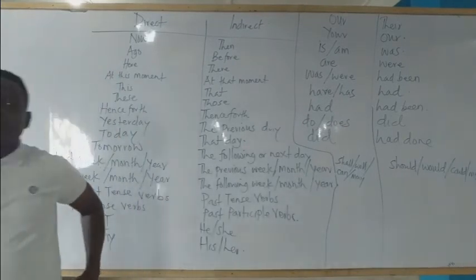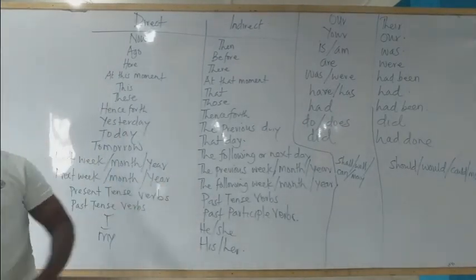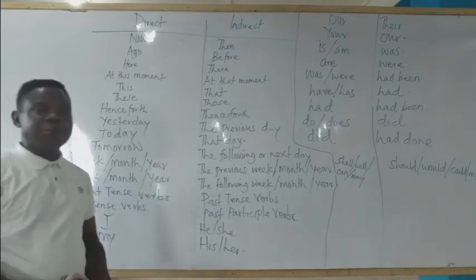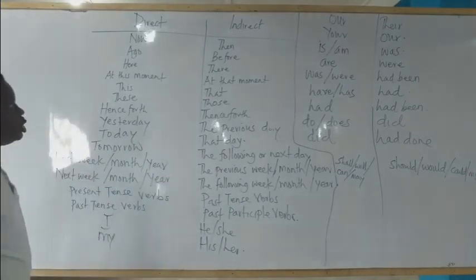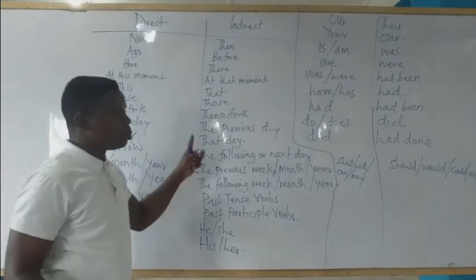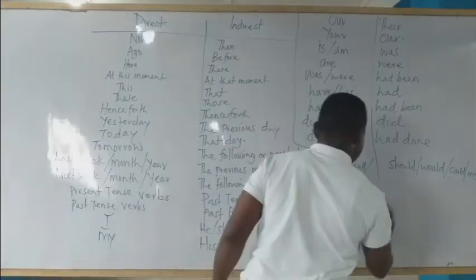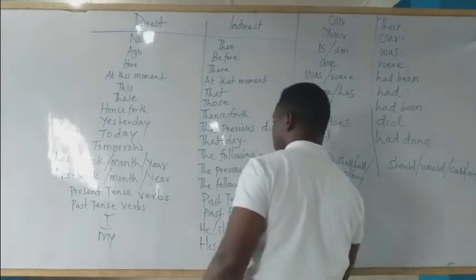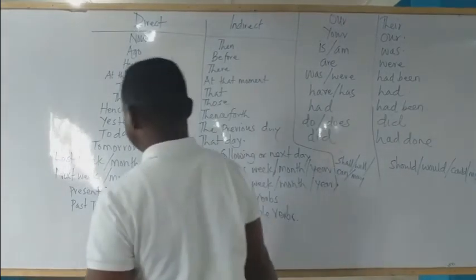Now, let's see examples to buttress my point, particularly the table that is drawn on the board. I don't want to rub this off so that I can make reference to that table based on what you will change in your sentence.